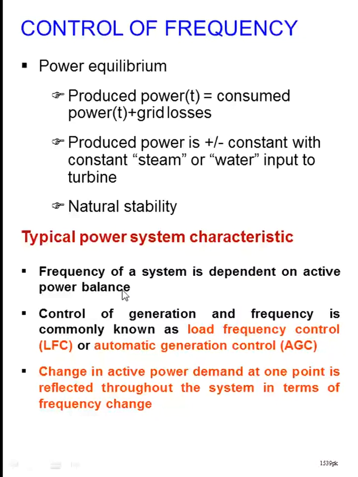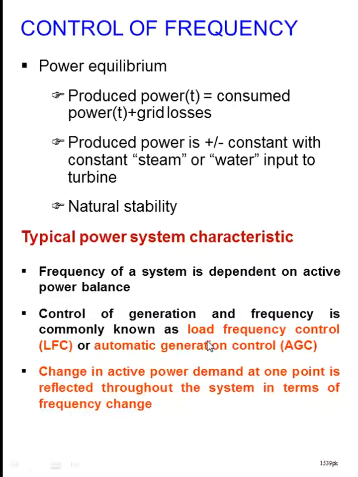Now, the control of generation and thus the frequency is sometimes referred to as load frequency control or automatic generation control. There is a slight difference between the two terms, maybe later on we will discuss. These terms we mainly apply when you have a supplementary control loop, when the system is interconnected.